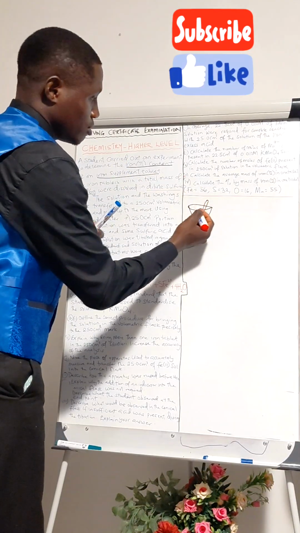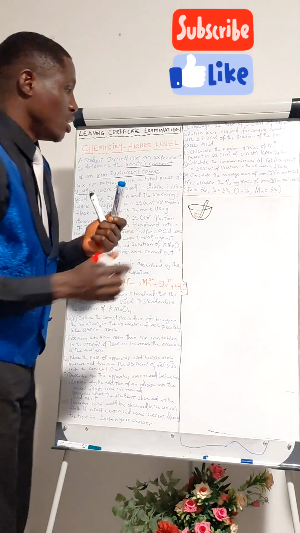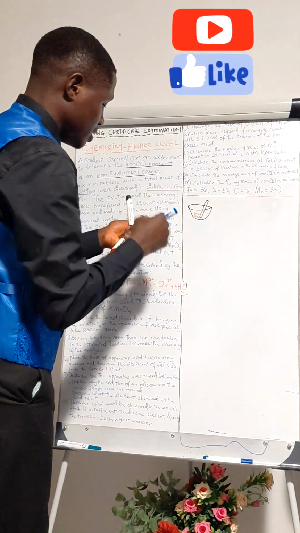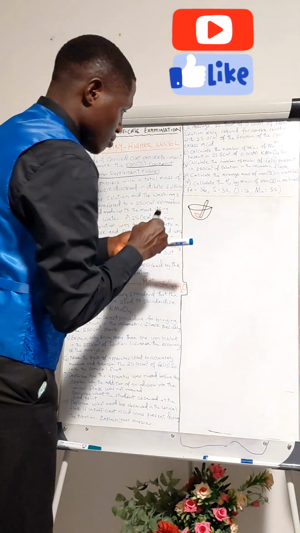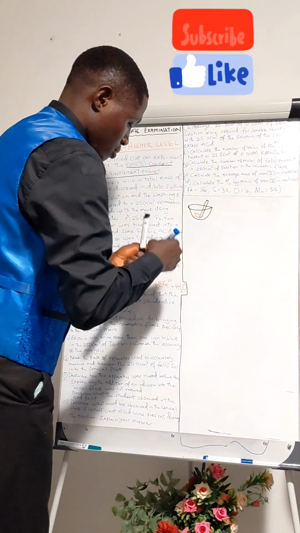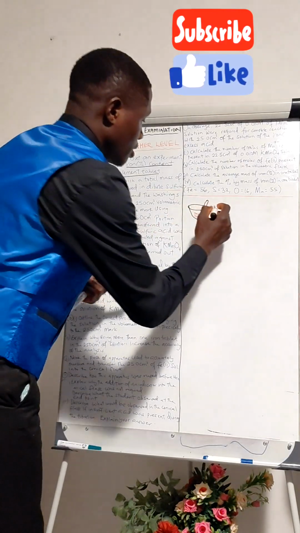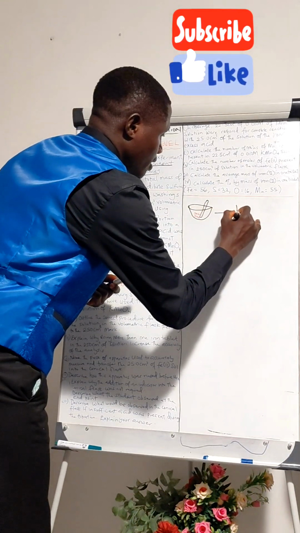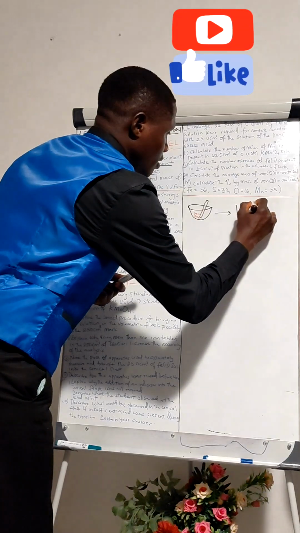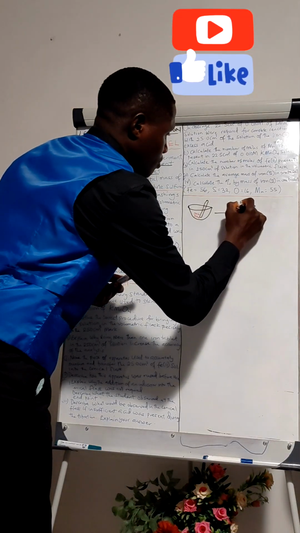So the student probably might use a crucible, and after that he adds it to the beaker.